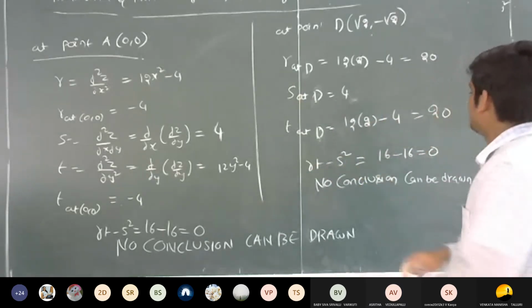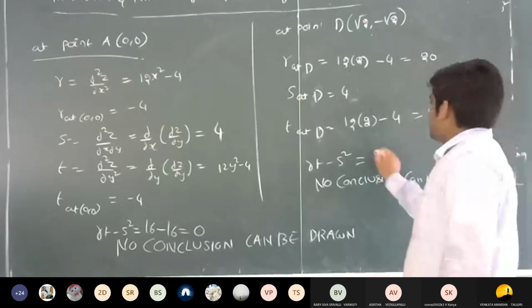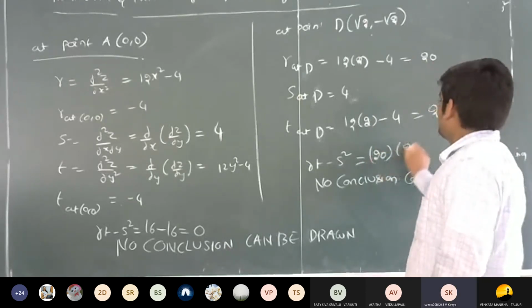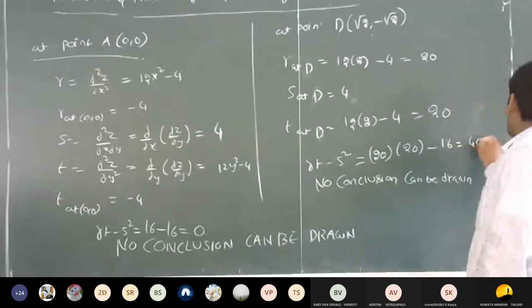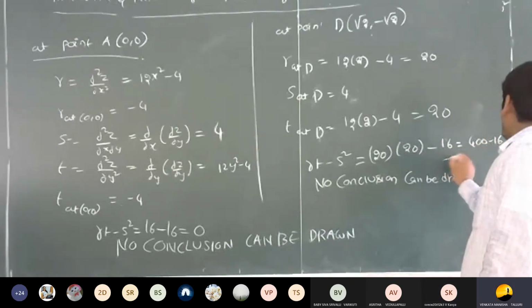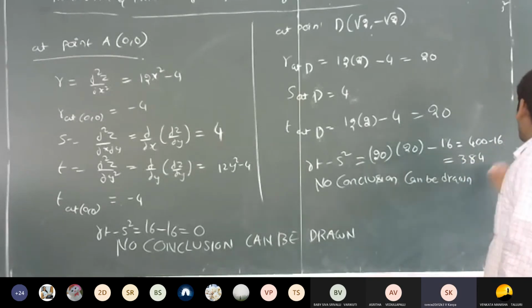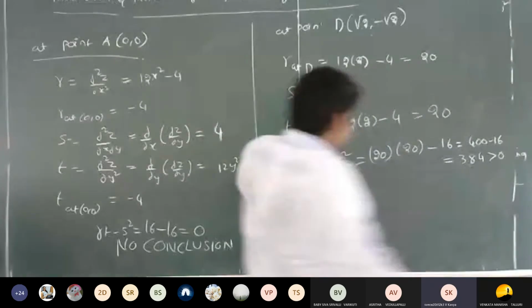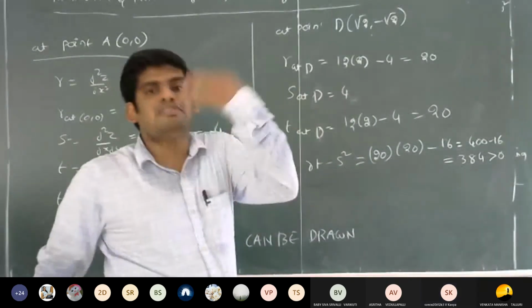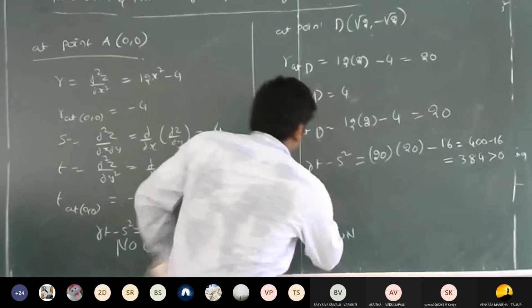Calculate the rt minus s² value. That is 20 into 20 minus 16, that is 400 minus 16. How much? 384, sir. 384, which is greater than 0. If it is greater than 0, immediately you check the sign of r.